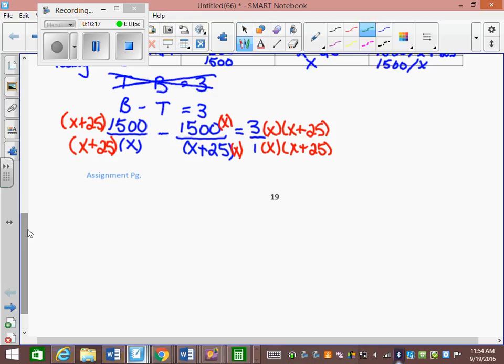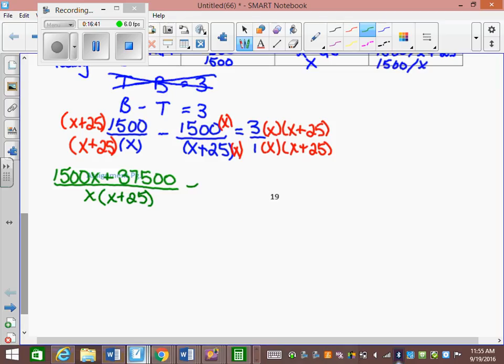Okay. So we're going to get 1,500x plus, what's 25 times 1,500? Yes. Okay, so this is x and x plus 25. Remember, we don't put the denominators together.